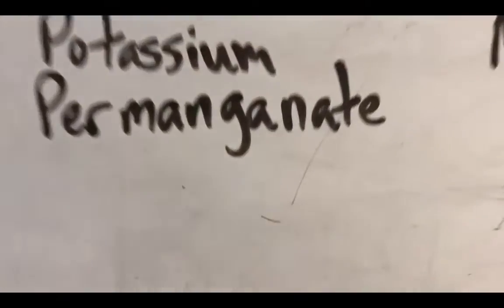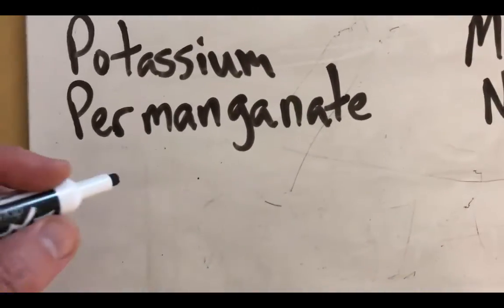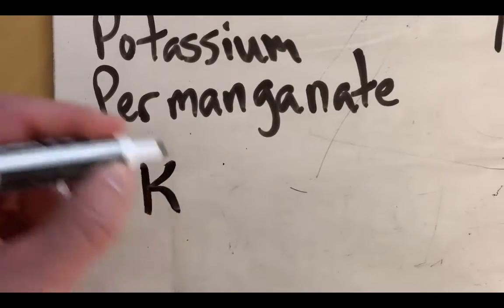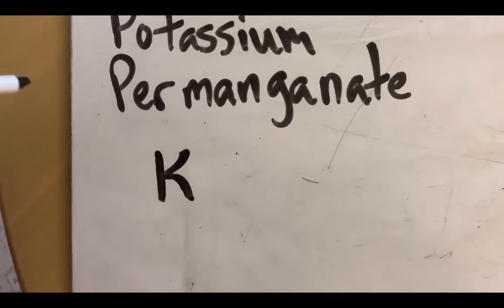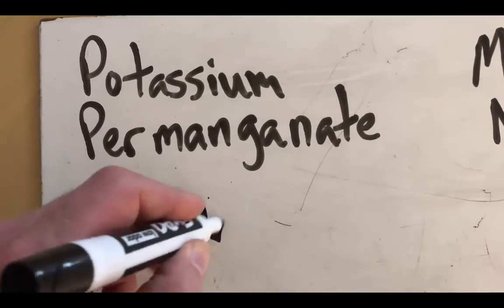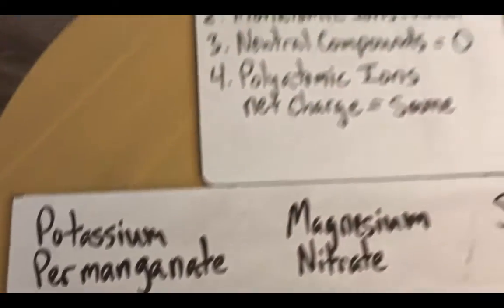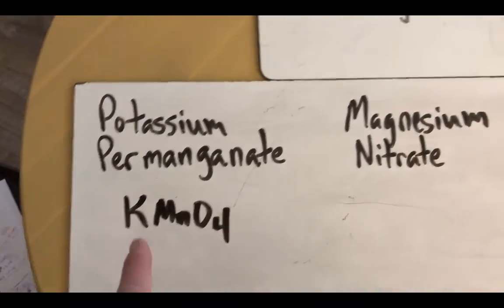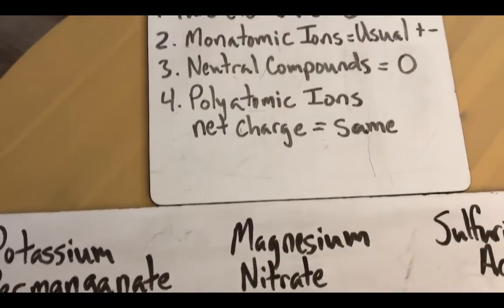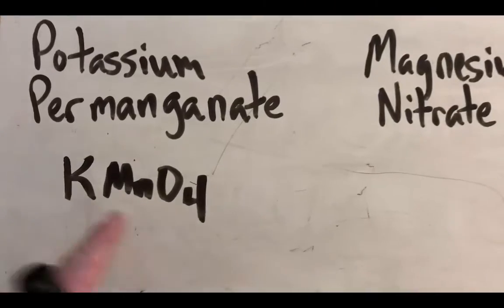If we focus on potassium permanganate, potassium is a K, and permanganate, if you look off your polyatomic side of your chart, is MnO4. If we go back to our rules, we always want to start with our extremes, the ions at the edges.